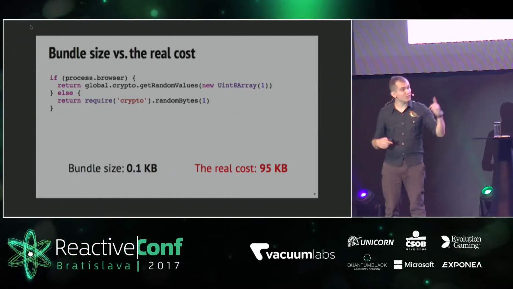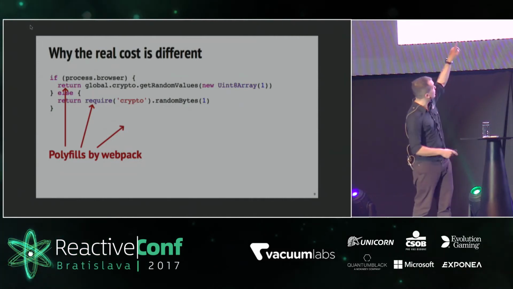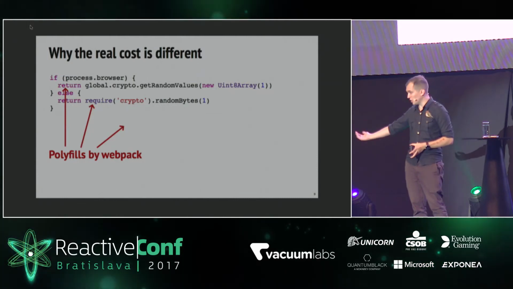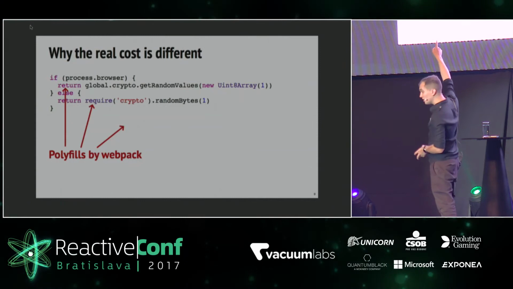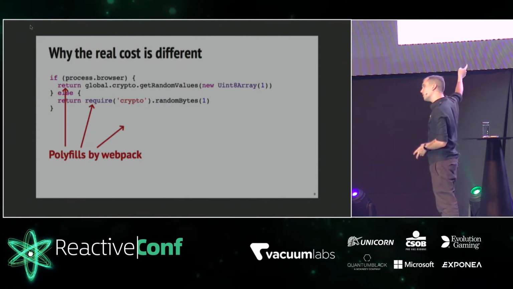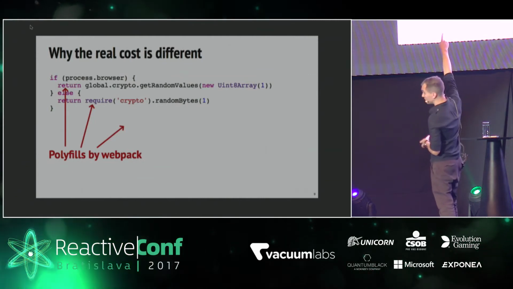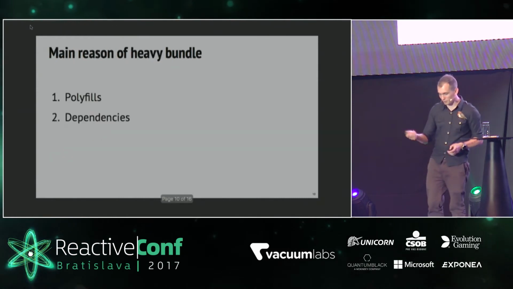If you require this file in Webpack, Webpack will understand that one of the lines contains a Node.js API, and so we need to add polyfills for it. So for this 5-line code, it will add 100 kilobytes of polyfills for process, for global, and for querystring. This is a source of the problem.